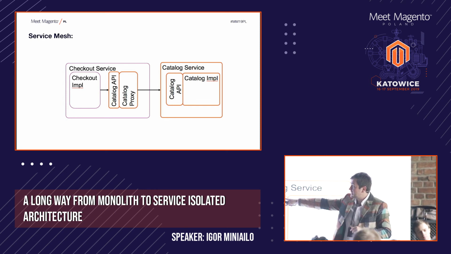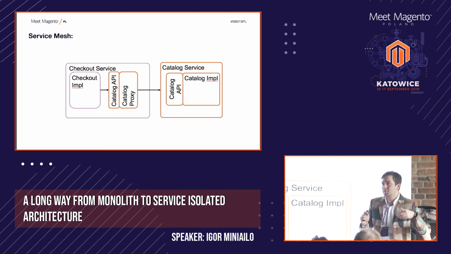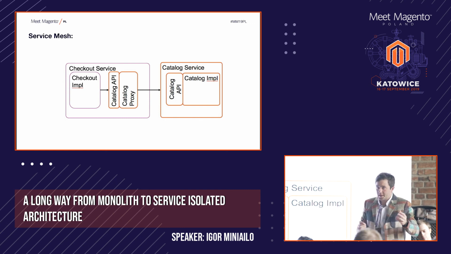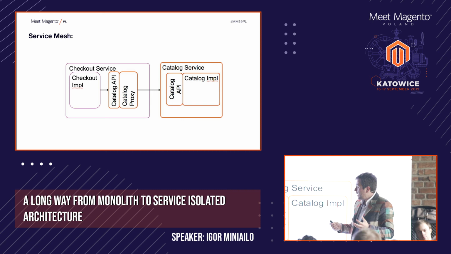But actually, it's pretty much the same for service mesh. Service mesh does not care whether the particular payload data is encoded or not, or in what way it is formatted.